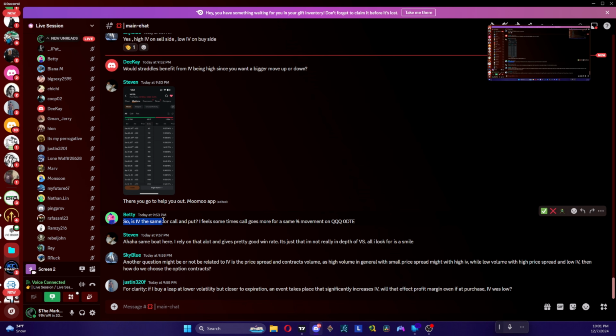So is the IV the same for a call and a put? I feel sometimes calls go for more for the same percentage move on QQQ 0 DTE. Each contract has its own different implied volatility.